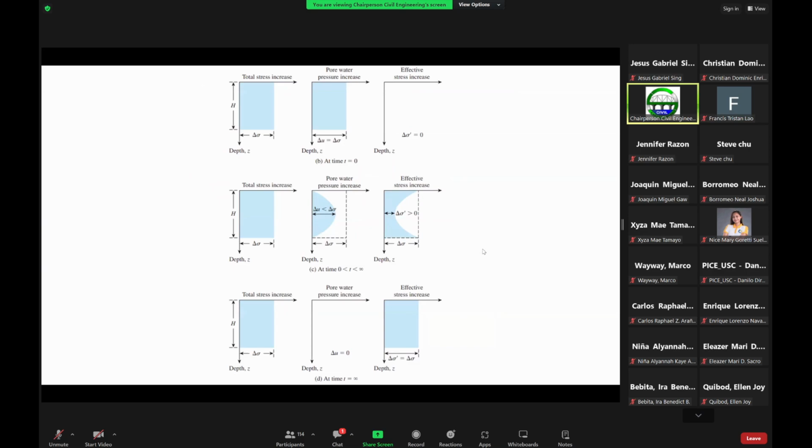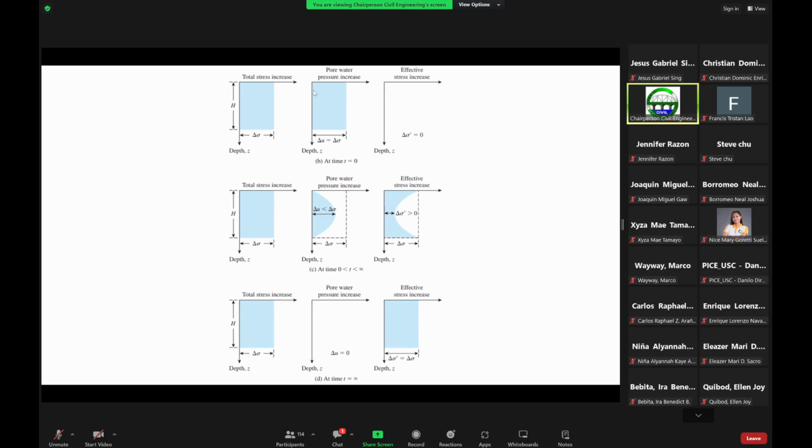So again, just to highlight this time effect of the consolidation, here you have three cases. The first is at time t equal to 0, wherein you still have the total stress increase plus the pore water pressure increase.